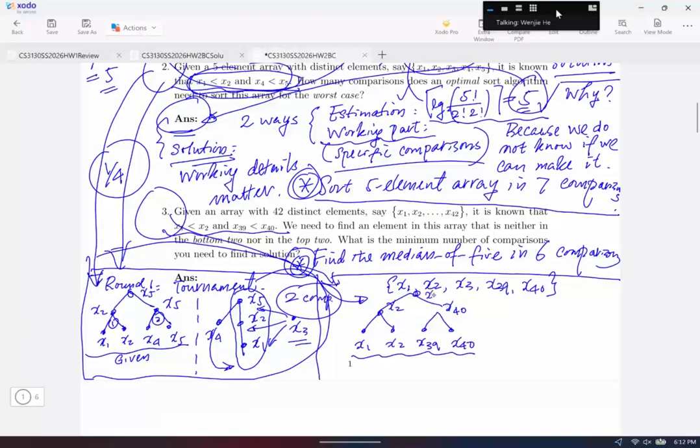So let's say x40. Then the second round, so you have a diagram for x2, x1, x39. But in the second round, the way we handle the data is quite different from the previous example. In the previous example, we did binary insertion into the longest ordered chain. But here, we do not do binary insertion. We do elimination.